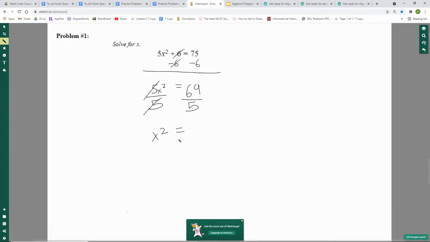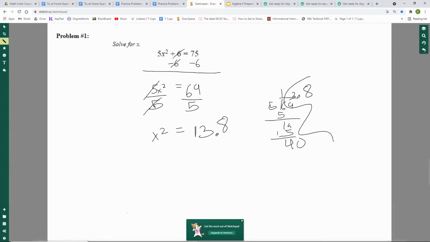I can convert it to decimal form really quick. Let me just do it over here: 69 divided by 5, 5 goes into 6 once, 1, 5, 19, 15, 40, so 0.8. So we're going to get 13.8. So we're left with this.